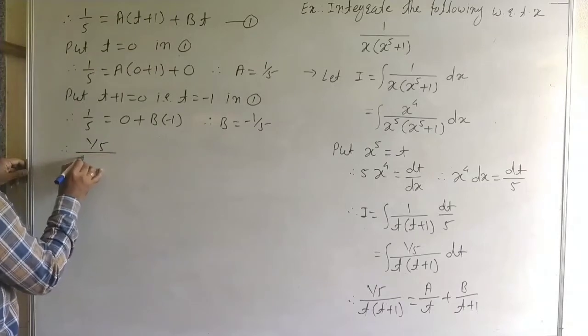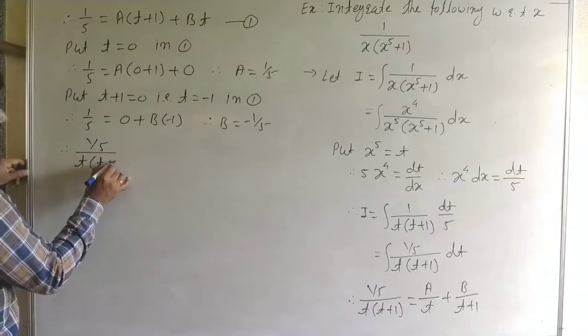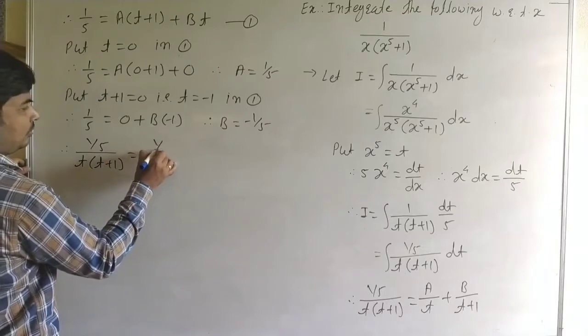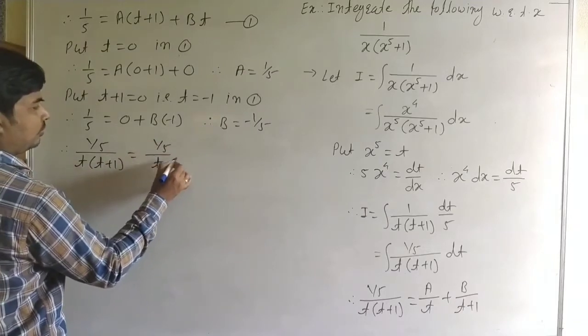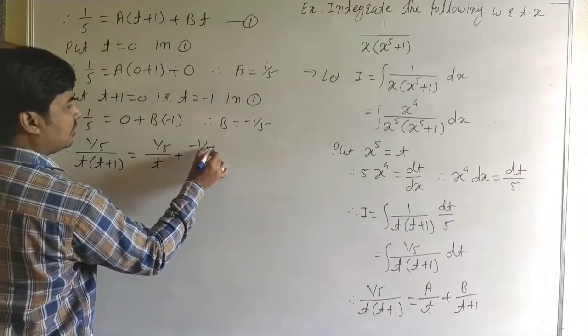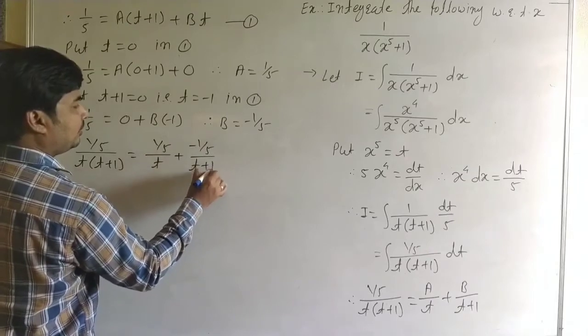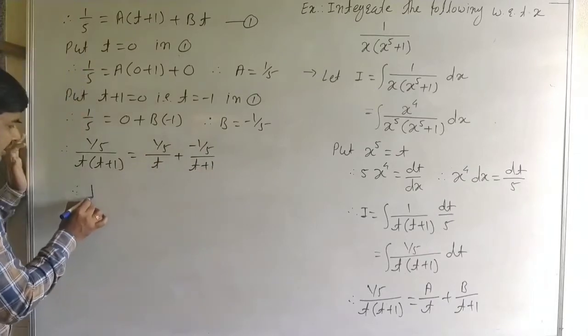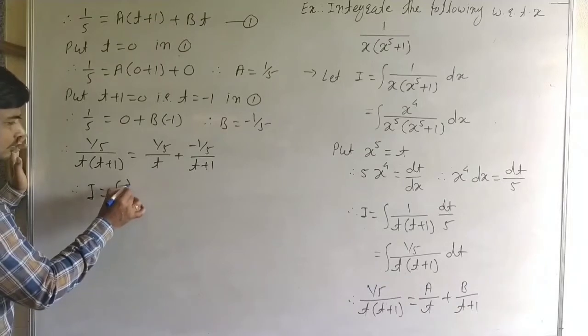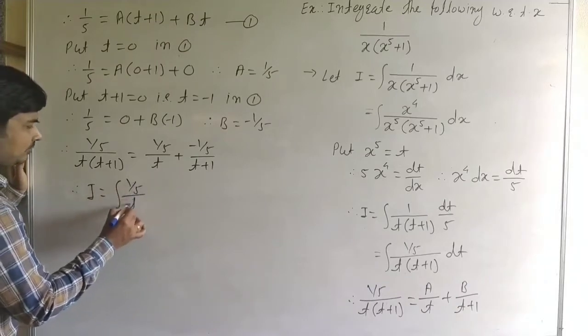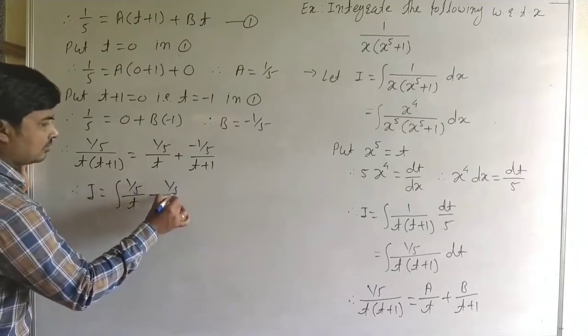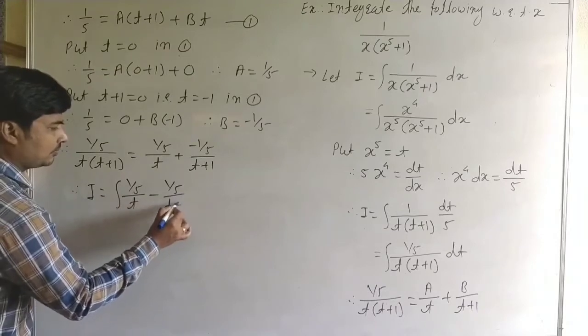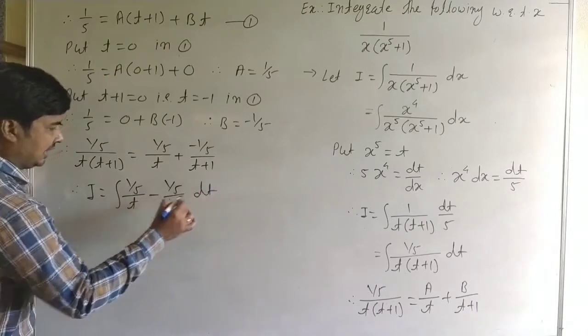Then this becomes 1 by 5 upon t into t plus 1 is equal to 1 by 5 upon t plus minus 1 by 5 upon t plus 1, and then integrate. See carefully. 1 by 5 upon t minus 1 by 5 upon t plus 1 dt, and now integrate.